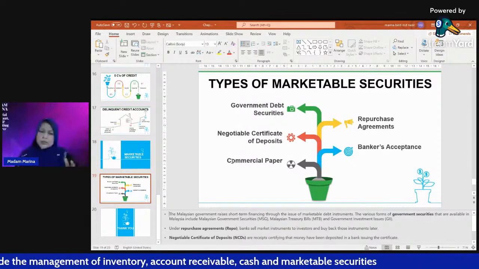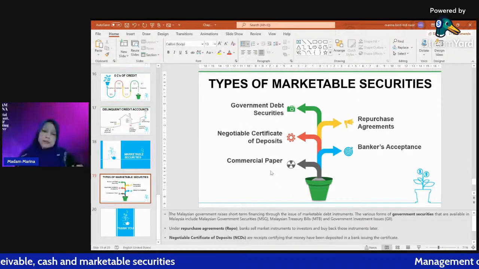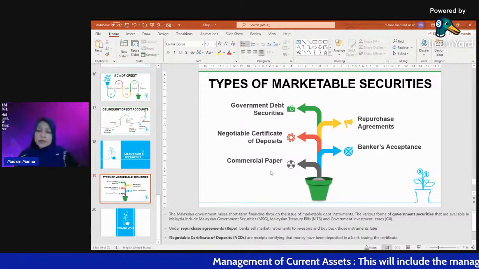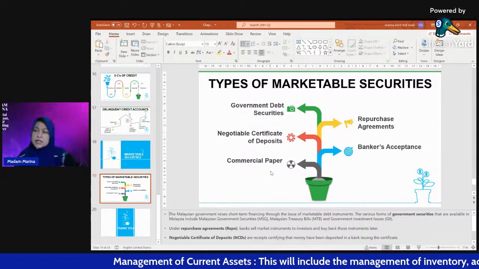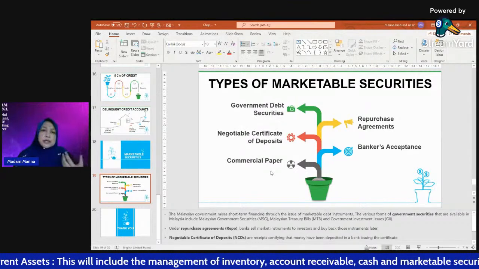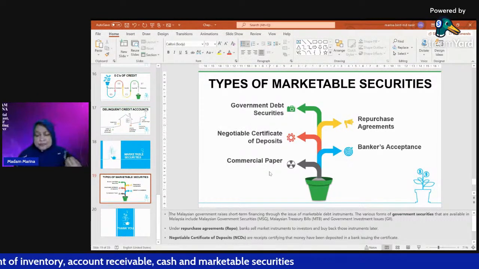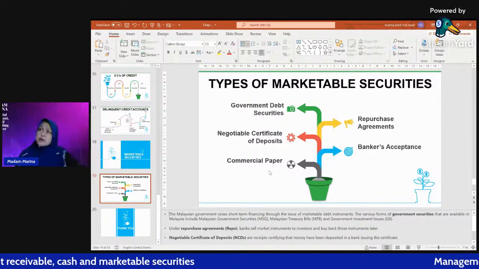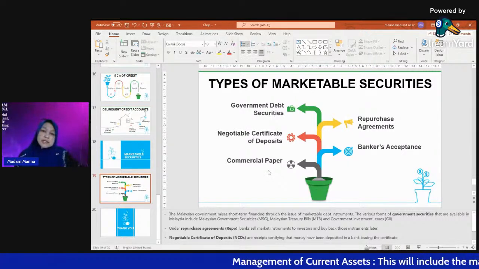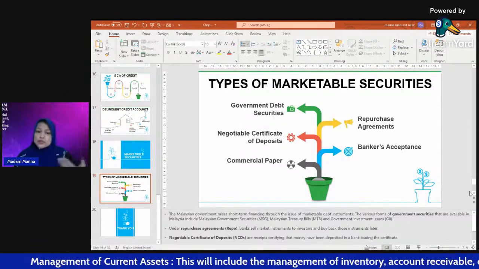For commercial paper, the interest rate is slightly lower compared to loan, because commercial paper is only given to quality clients. Quality client means that they have the will to pay back the debts.